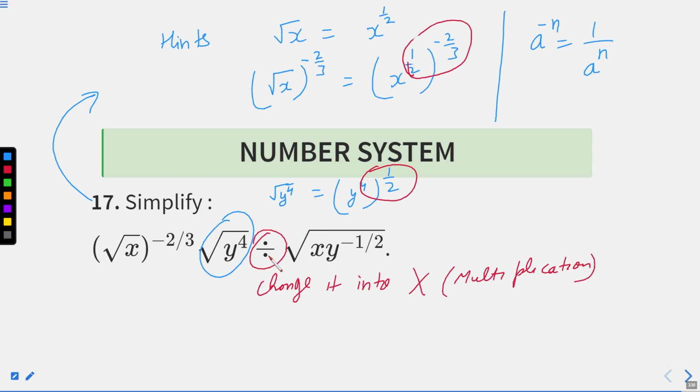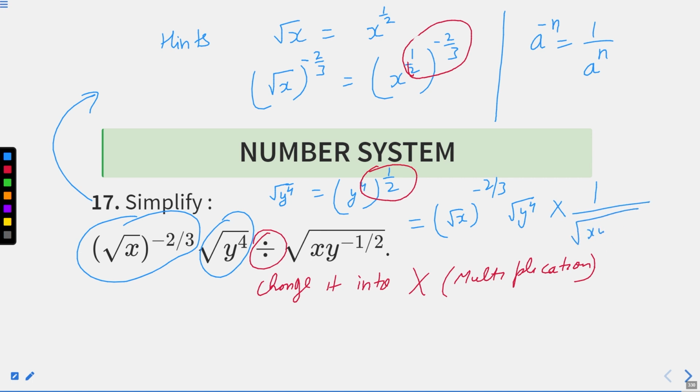Okay, so what we do, one can easily get 2 by 3 root, so this is the reciprocal form, and xy minus 1 by 2. Okay, so now one can easily solve for this also.